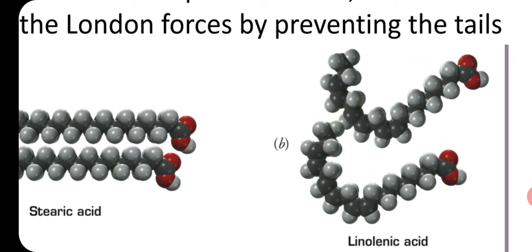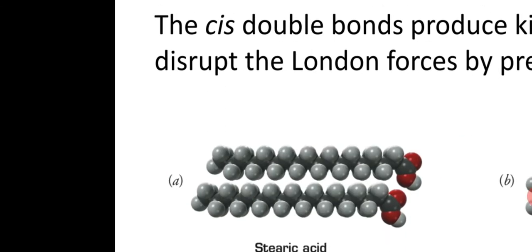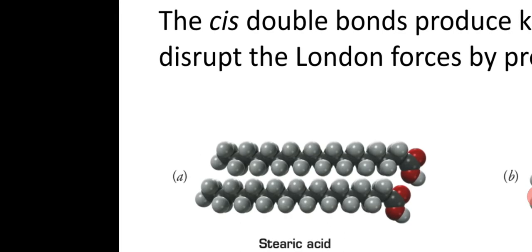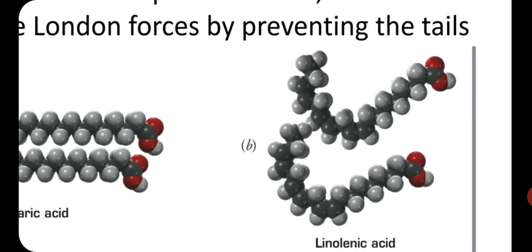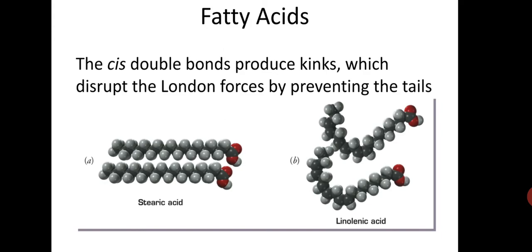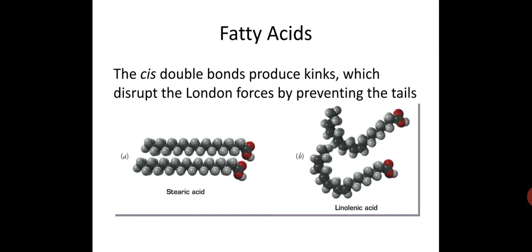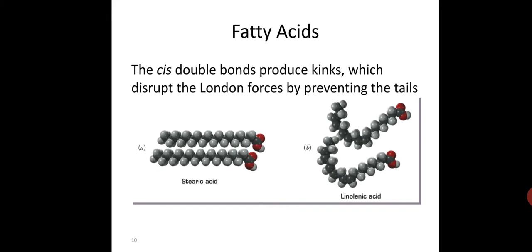When something is tightened, with single bonds and very stretched, it creates toughness. When there is kinkiness because of the double bond, it disrupts the forces by preventing the tails from coming together. The tails repel each other, and that is the reason why unsaturated fatty acids or unsaturated fats are liquid in nature.